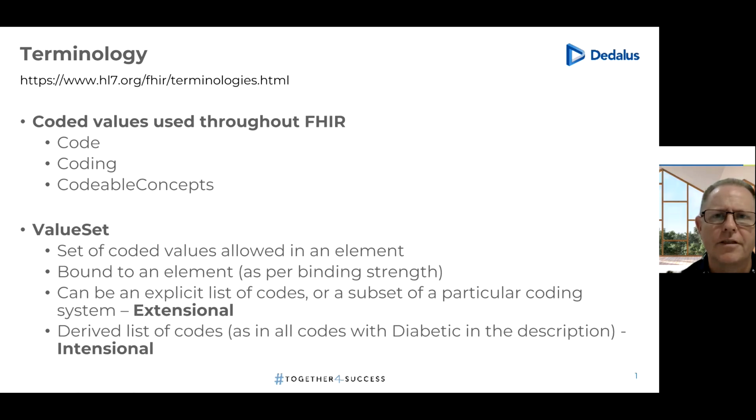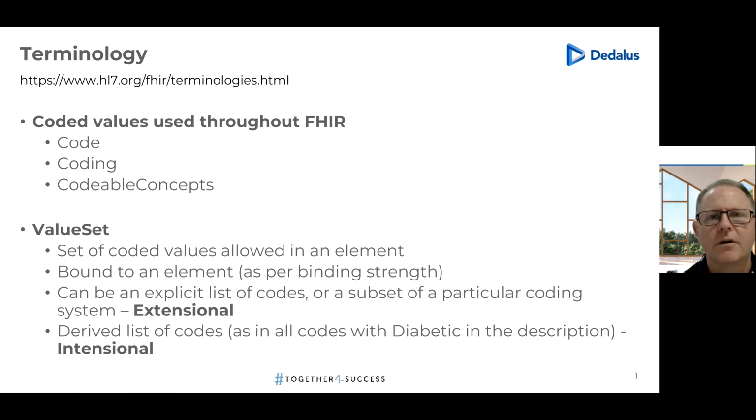But also things like status codes, terminologies that are used within FHIR, sex codes, marital status codes. So lots of different coding used within FHIR, and we just need to think about how we look at coding within FHIR and how those are managed.